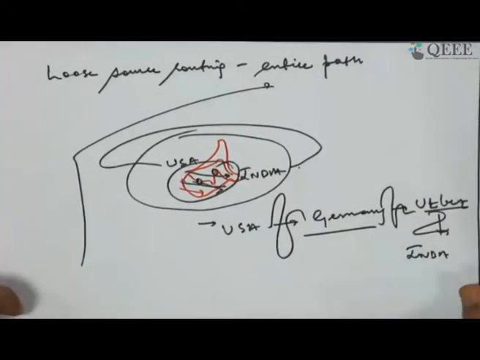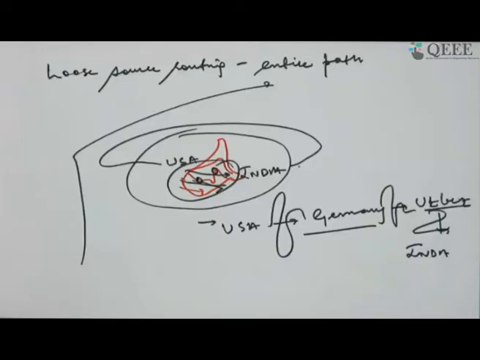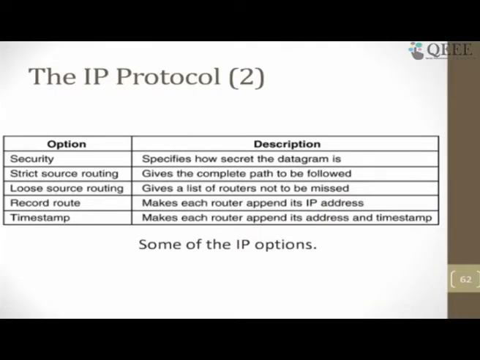Fine. So the next part is record route. This may be used for debugging, or some may have higher security concerns: all the routers through which the packet passes, you put the IPs of those routers inside the packet.